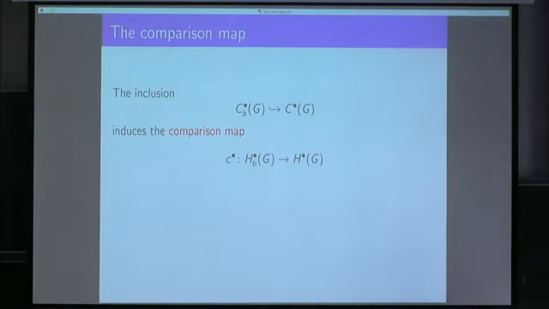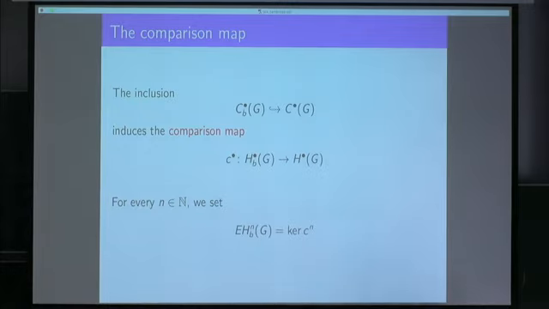And the injectivity of this map boils down to understanding if a bounded class which has a possibly unbounded primitive also has a bounded primitive. And today we will concentrate mostly on this second aspect of the comparison map, so on the injectivity or on the failing of injectivity of this comparison map.